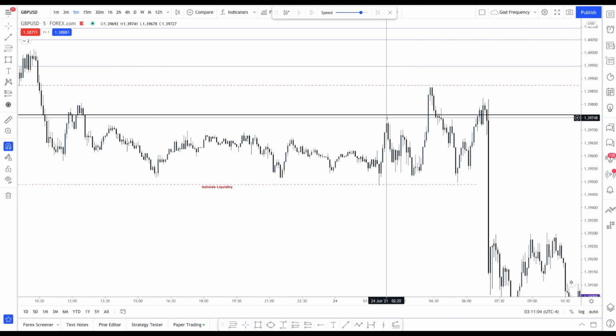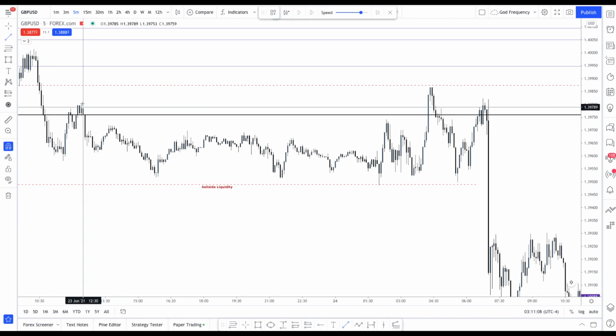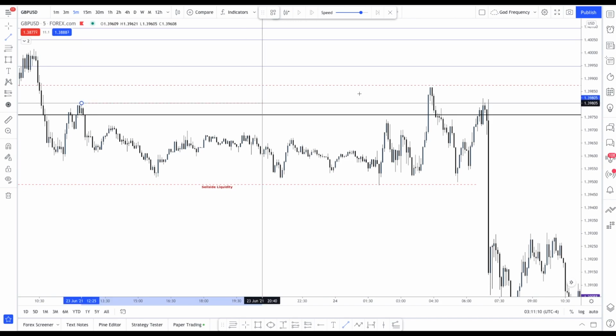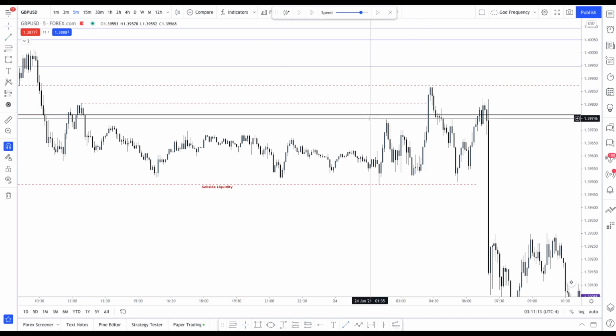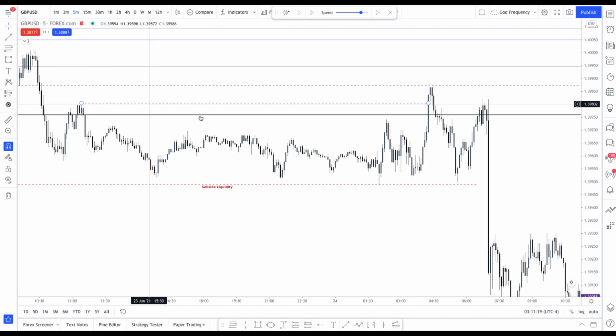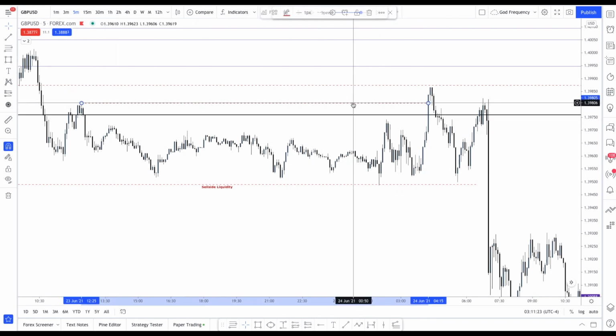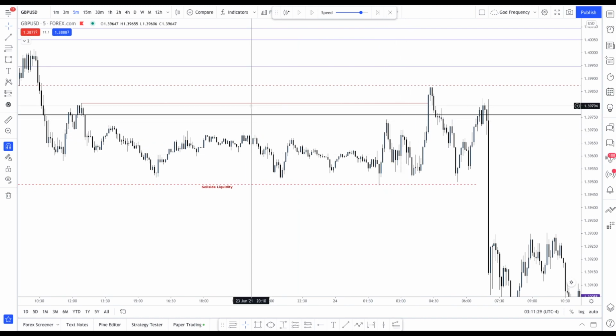So my eyes are going here, to that most recent high. I'm looking at this high here, and I want to see them take out those most recent highs and run it out right there, right?